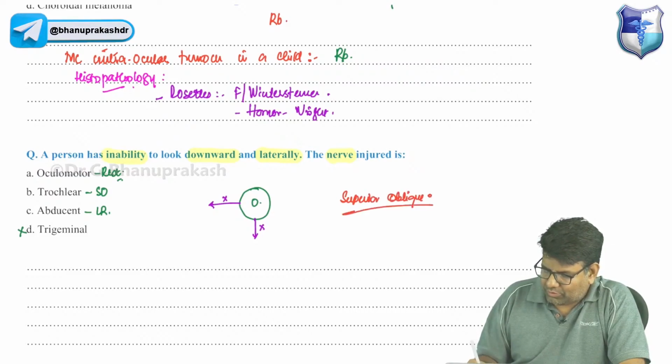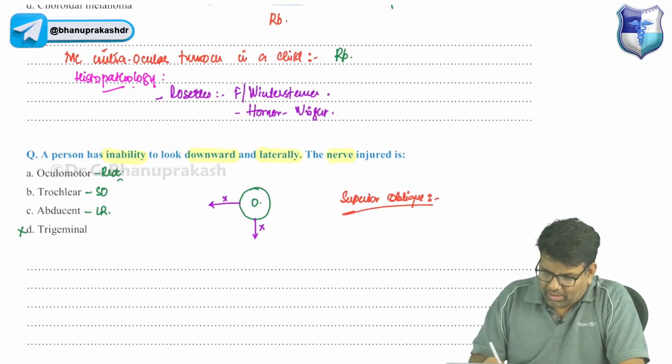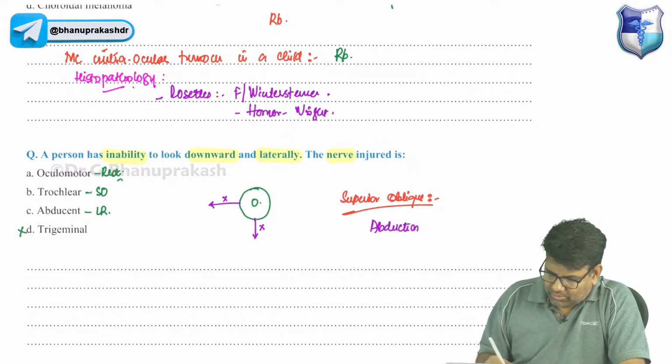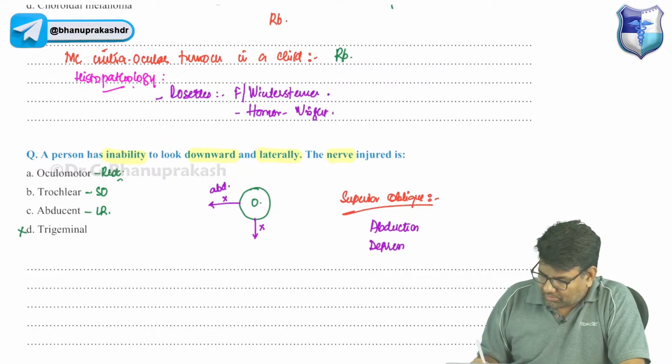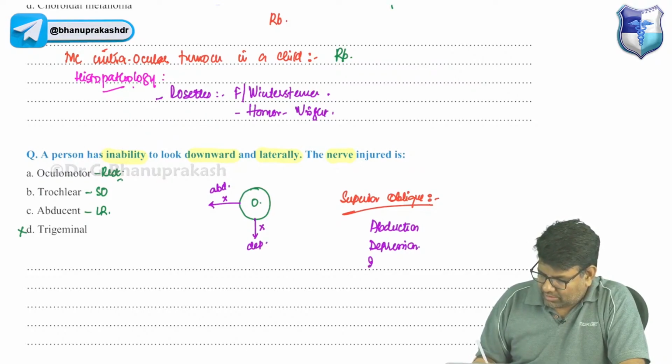And what are the actions of superior oblique? One of the actions is abduction, right? Then another is depression. And third is intorsion.